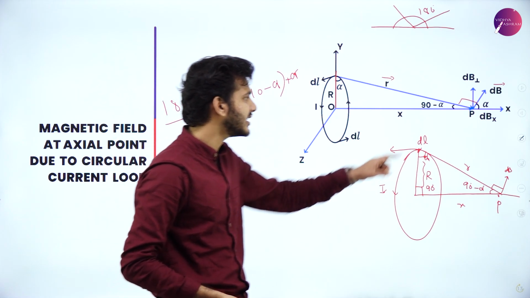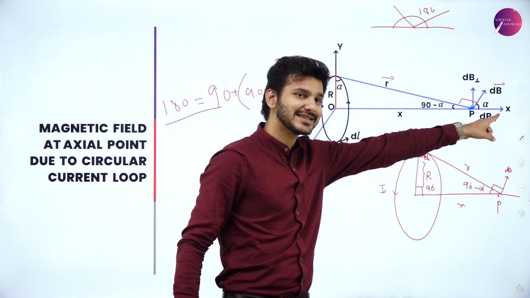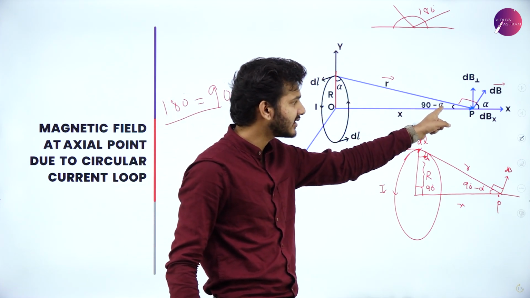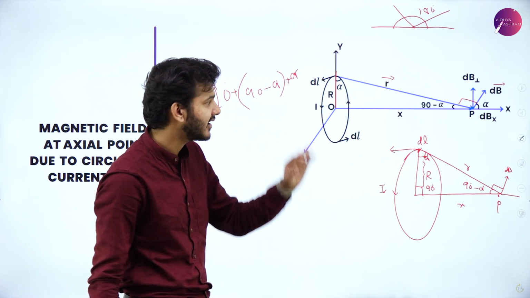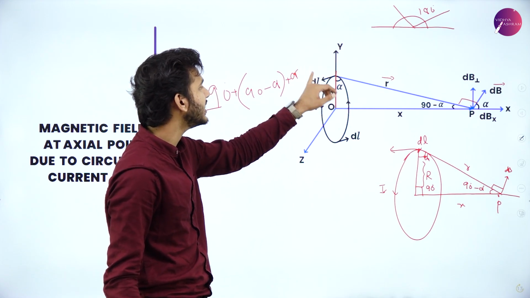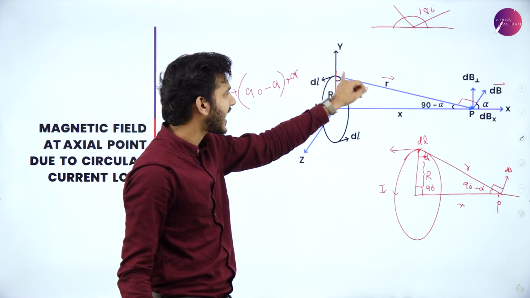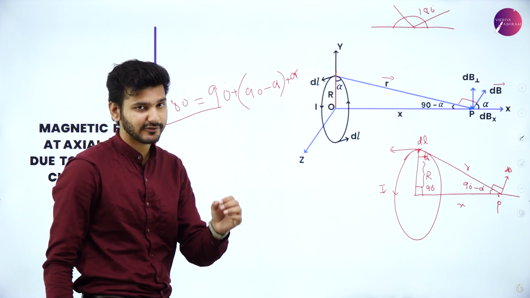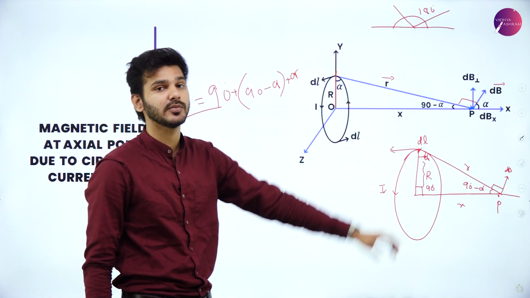So we can consider the angle between the x-axis and the vector dB is alpha, then automatically this angle is 90 minus alpha, which means the angle between the y-axis and the position or distance vector r is nothing but alpha. That is how the angles come into play.